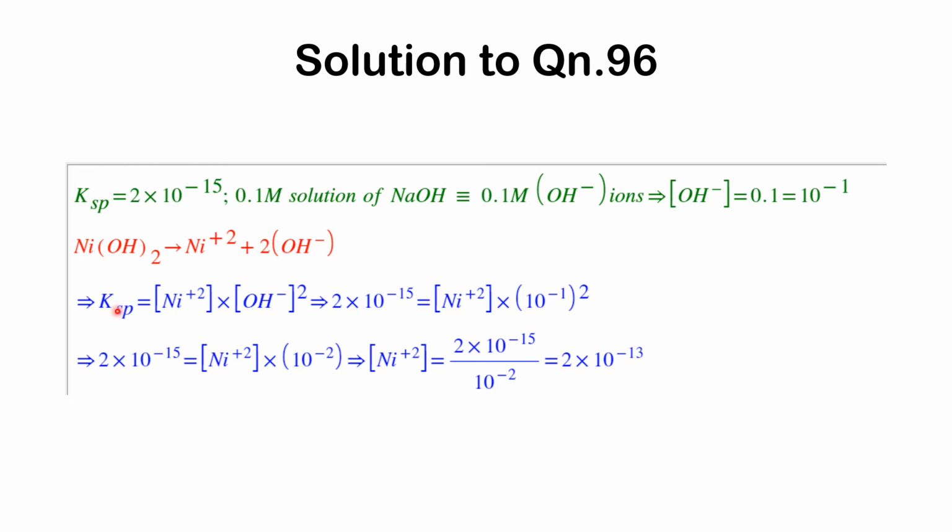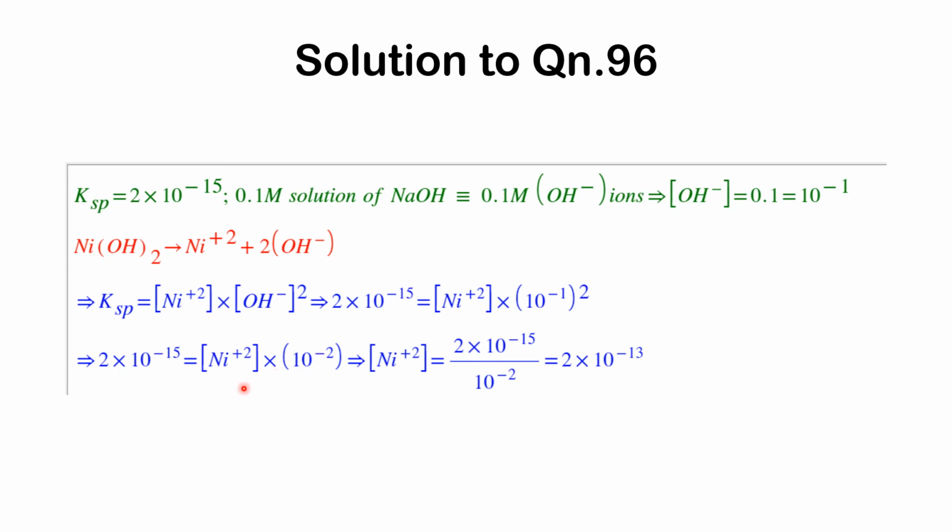ஏன்னா இங்க 2 hydroxyl ions இருக்கு அதனால. So எனக்கு solubility product தெரியும். It's 2 times 10 power minus 15. So I'll get 2 times 10 power minus 15 is equal to concentration of nickel ion into concentration of hydroxyl ion எனக்கு ஏற்கனவே தெரியும். It's 10 power minus 1. So I get 10 power minus 1 the whole square. வெளியே இருக்கிற பவர் உள்ள இருக்கிற பவர் ரெண்டையும் மல்டிப்ளை பண்ணா I get 2 times 10 power minus 15 is equal to concentration of nickel ion into 10 power minus 2 வரும். 10 power minus 2 left hand side கொண்டு போனா you divide it.